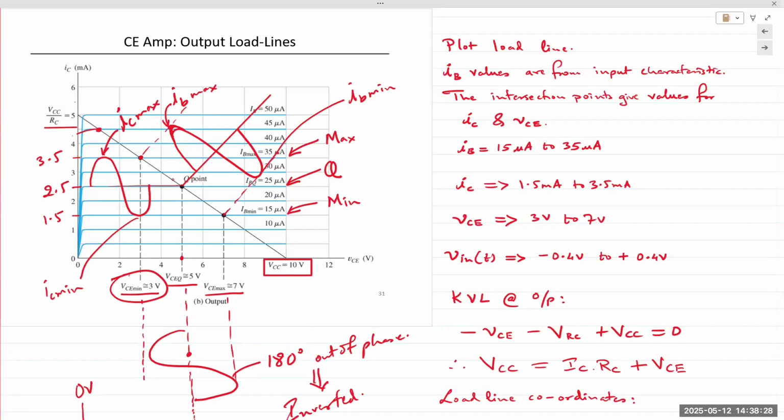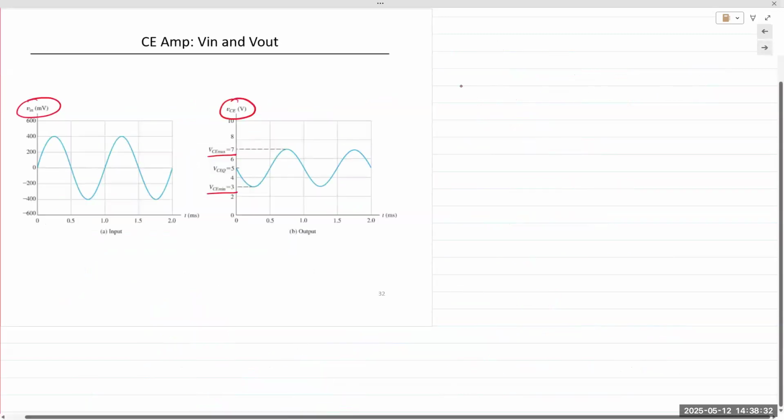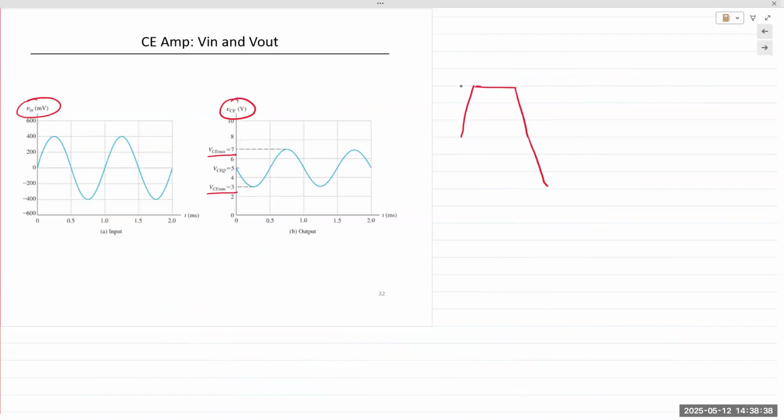And because of clipping, the output waveform looks something like this. Okay, so it's clipped off.